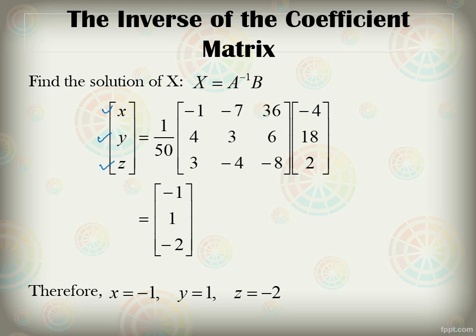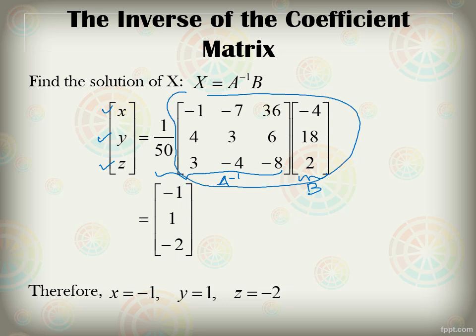Alright, so this is inverse matrix A times your B. Alright, so you do one by one. You can leave your 1 over 50 first, and solve for the matrix first. Remember how to multiply?